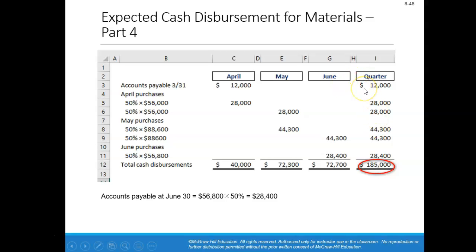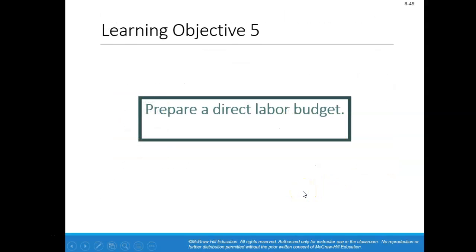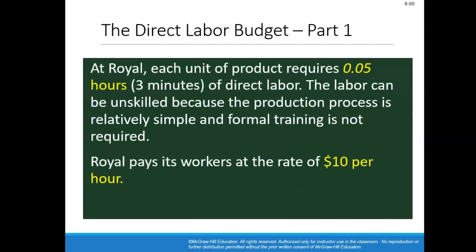That's to pay for the payable that was out there at the end of March, paying for the material for the month of April, paying for the material for the month of May, and we're paying one half of the material cost for the month of June. So our total disbursement for the second quarter would equal $185,000.